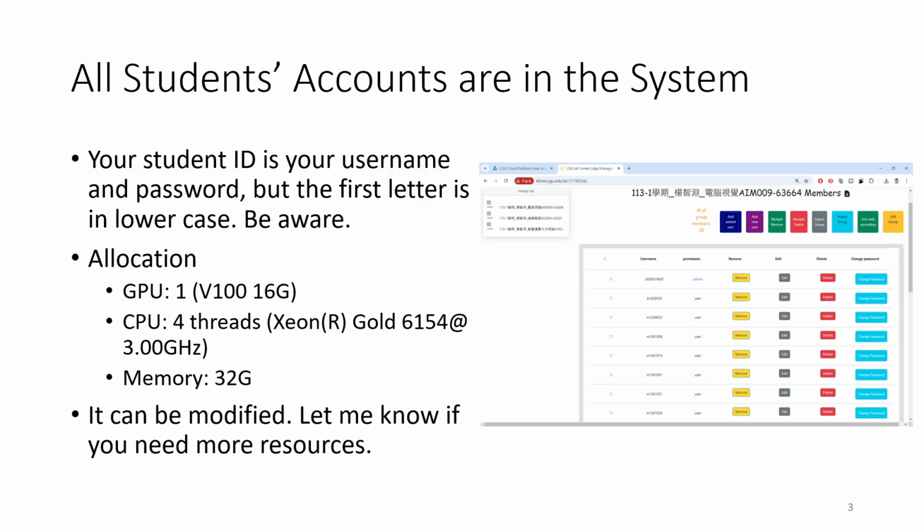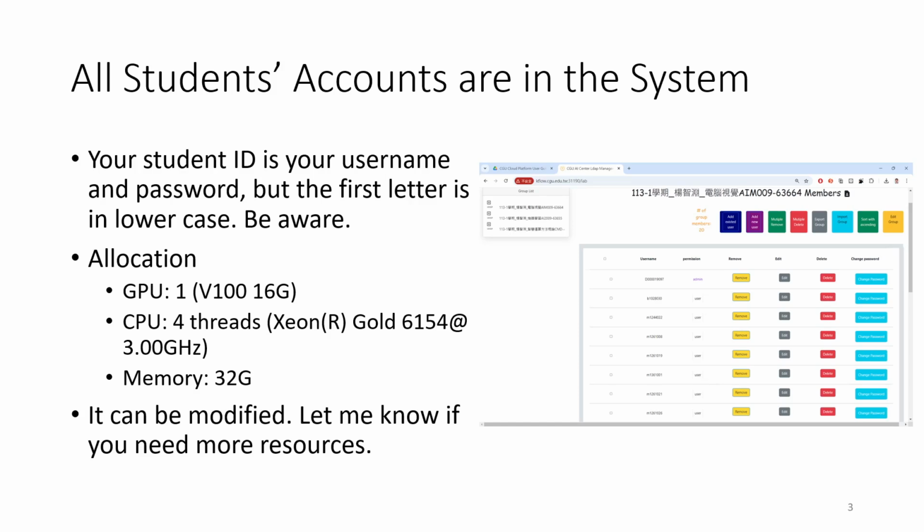Everyone can use one GPU, and the model is V100 with 16 giga GPU memory, and you can use 4 threads, and the CPU model is the Intel Xeon Gold 6154, and you can use 32 giga memory. The most important thing is the spec can be modified by any admin users, and I am also one of the admin users. So if you need more resources, just let me know, and I can adjust your allocation.